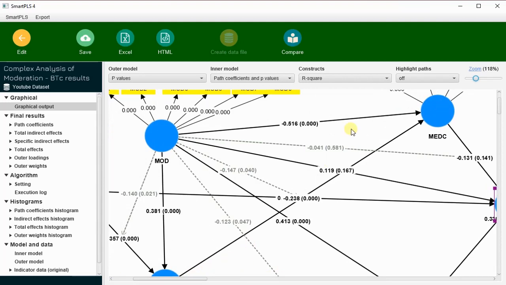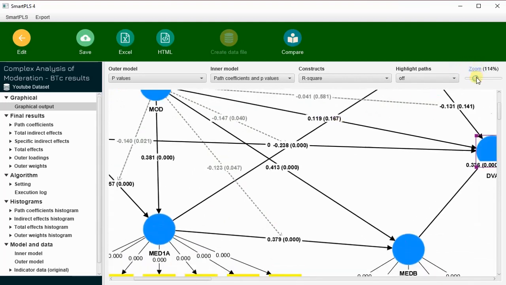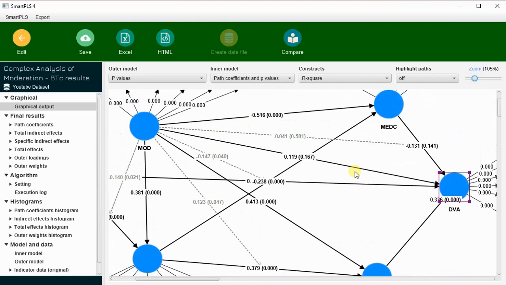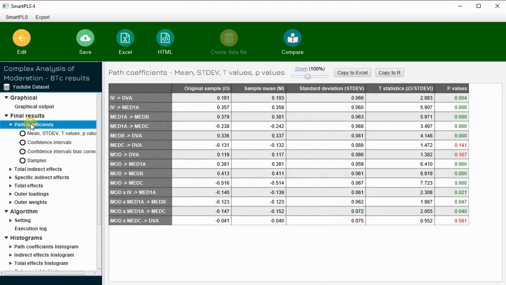And for better understanding, you can just go to the path coefficient section, and in the path coefficient section are basically the direct effects, and at the last you can see here the interaction terms effect, for example moderator with the IV to mediator 1, and it is a significant relationship. Then the moderator with mediator 1 interaction term was created, and its effect on mediator B was noted.